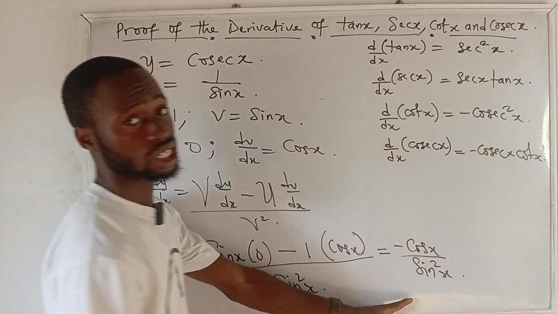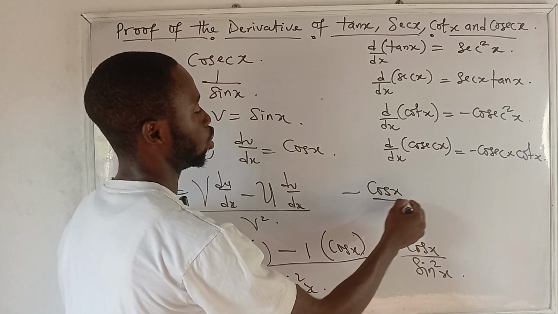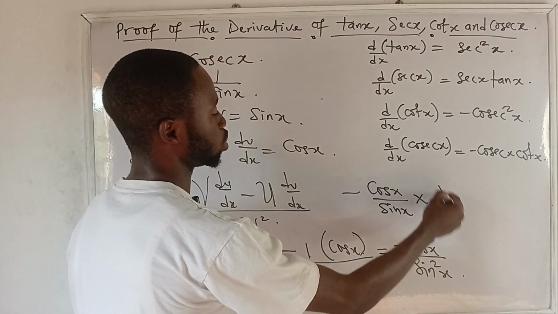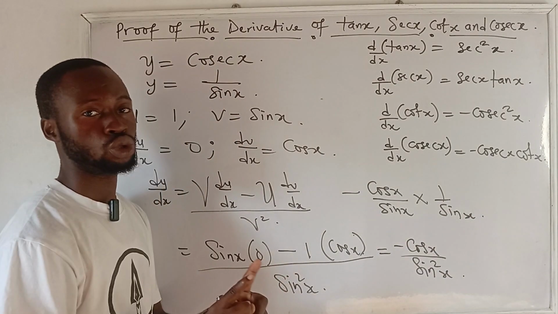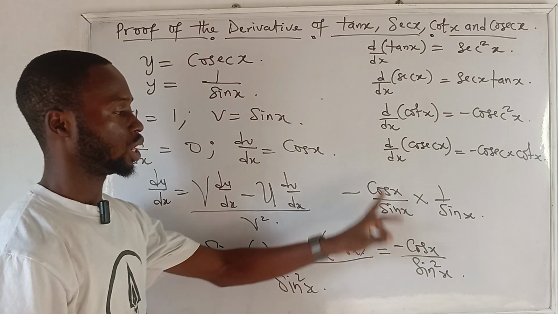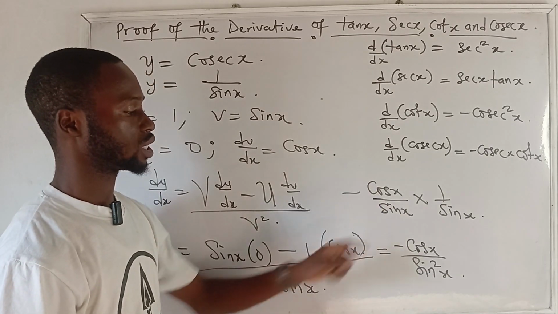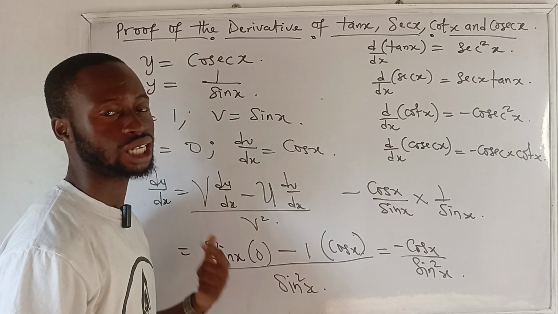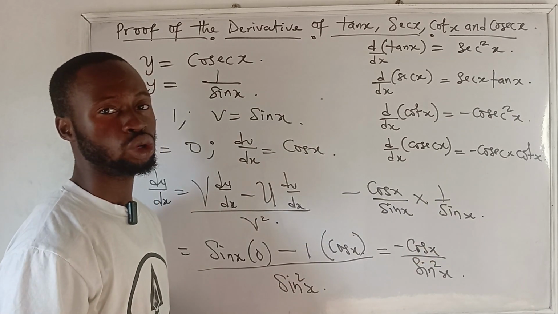So we can give this as a final answer. We can break it down to say this can be written as minus cos x over sine x times 1 over sine x, because we just split the sine square x into two denominators. So we have cos over sine, then we have 1 over sine. Cos over sine, I said initially, is cot. So we are going to have minus cot x, then 1 over sine here will give us cosec.